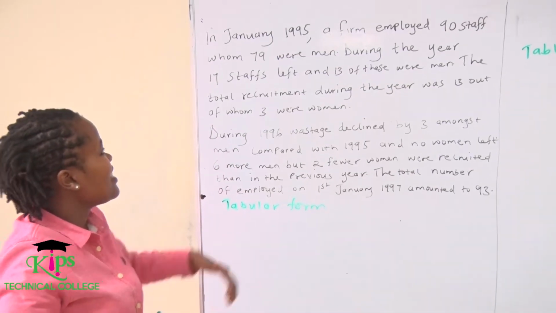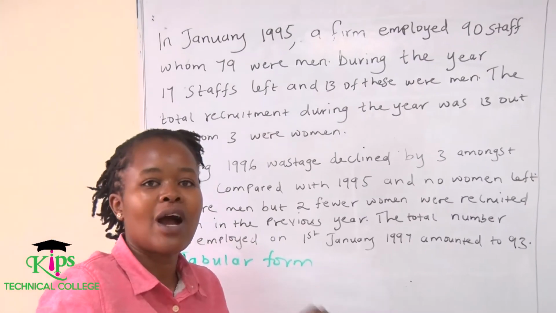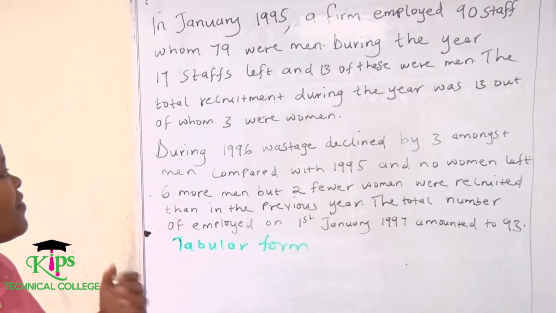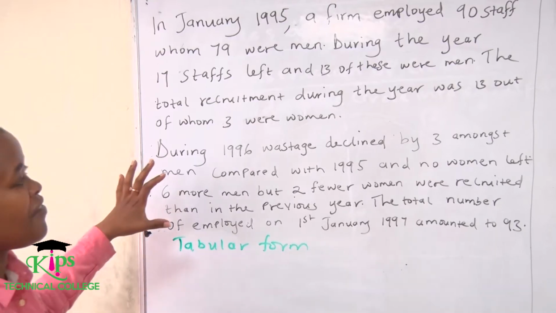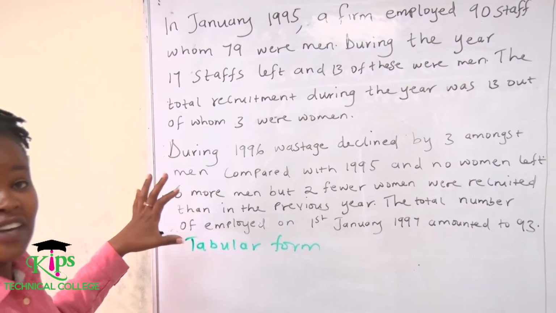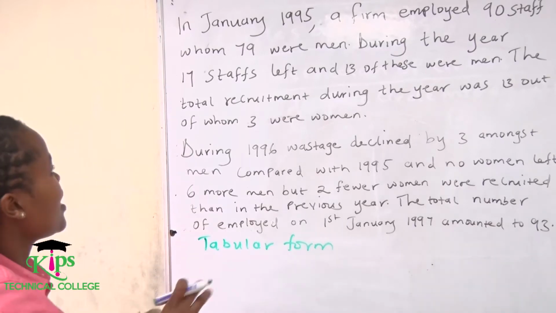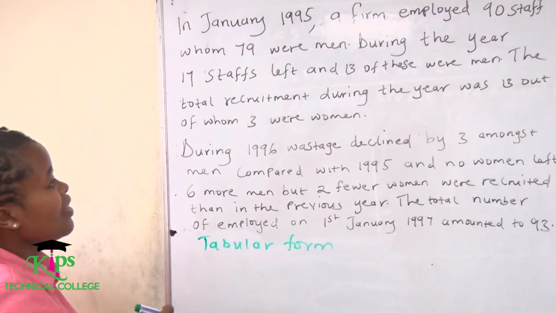So basically, in this case, we have to identify how we are going to label our columns or rows. First, identify what is being tested here. This is a firm, and this is information from a given firm, whereby we have the total number of staffs. So we start with 1995, which is our first year.